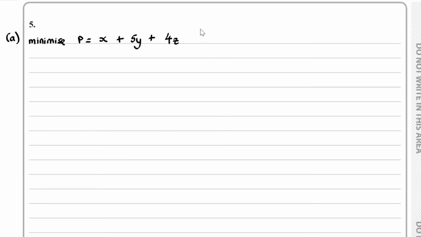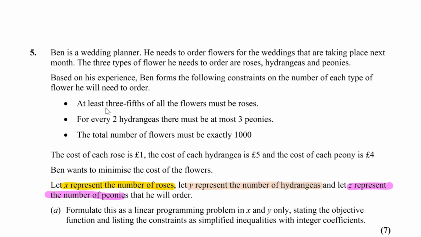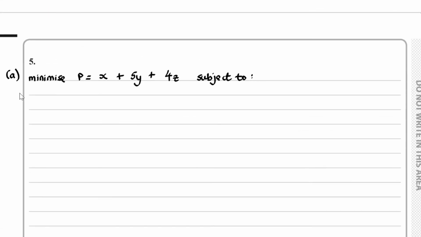So we want to minimize this subject to the following constraints. The first statement, we've got X being greater or equal to 3/5 lots of X plus Y plus Z.